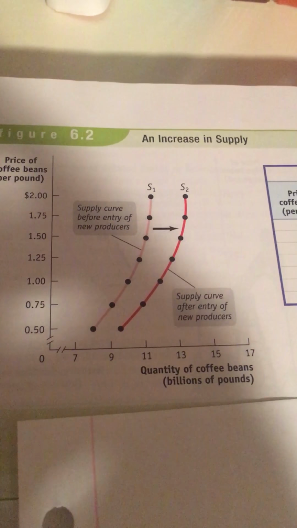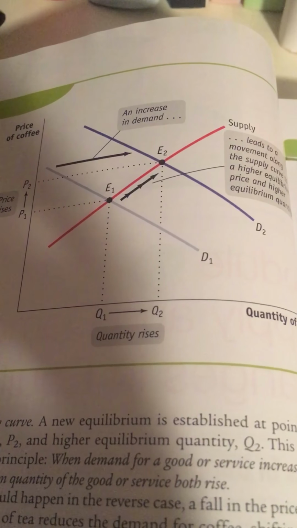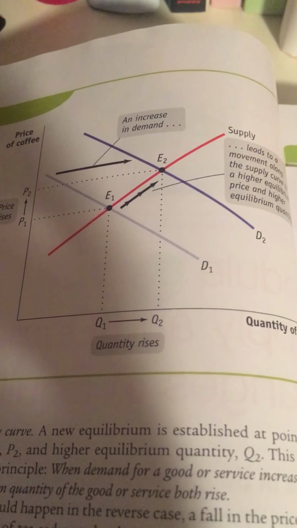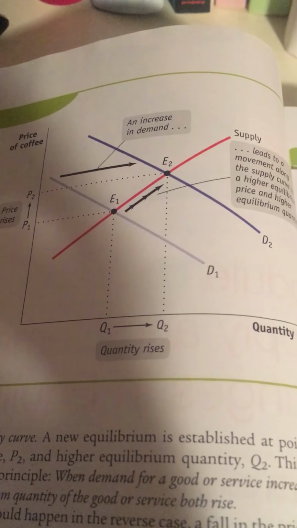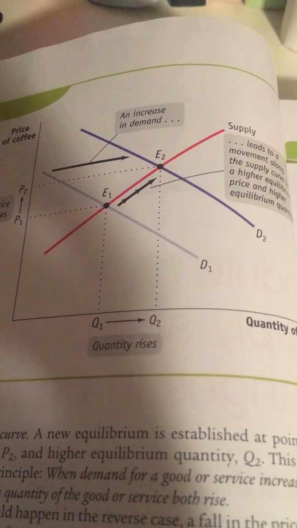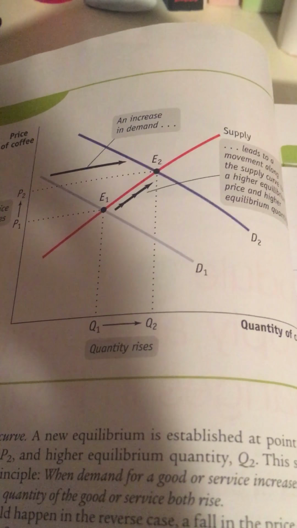Now I'm going to be talking about how an increase in demand would impact equilibrium, the price, and the quantity. When there is an increase in demand, a rightward shift in the demand curve, the market is no longer at an equilibrium.